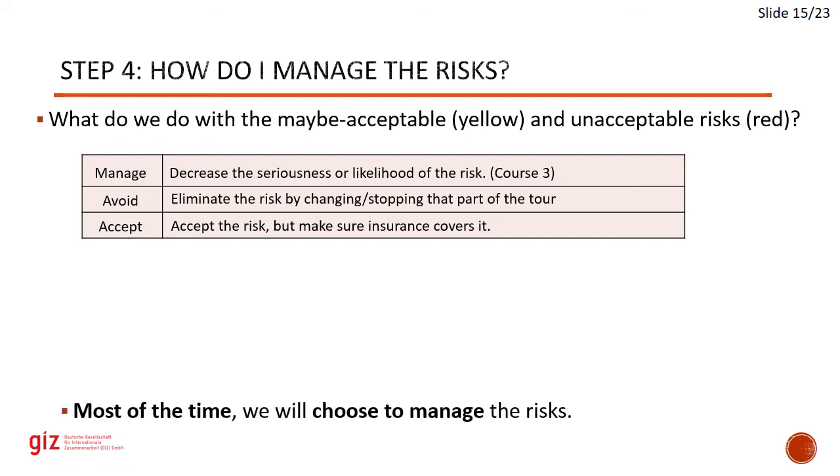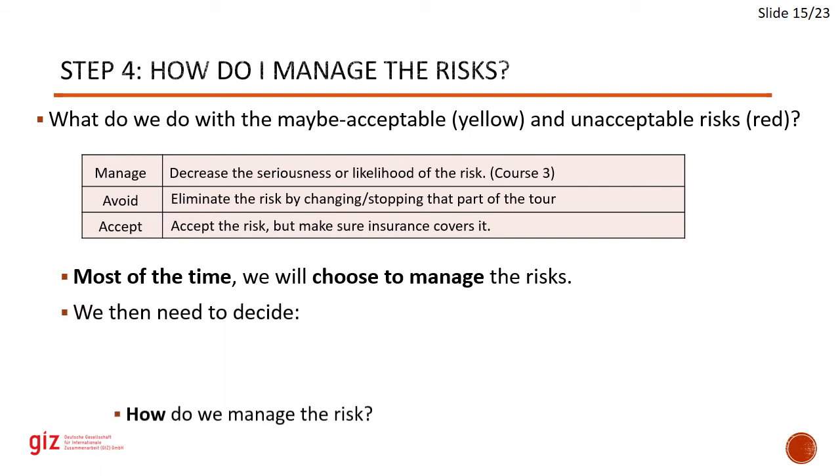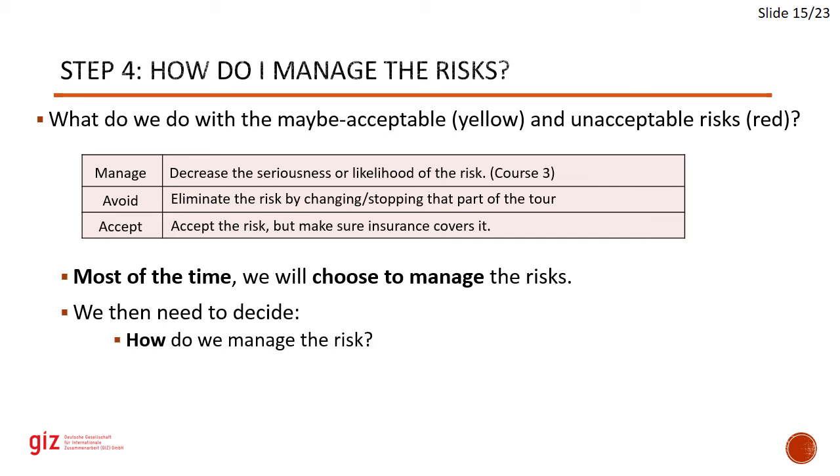Most of the time we will choose to manage the risk, because avoiding the risk is often difficult to do in adventure tourism, and we usually also don't want to simply accept the risk if there are ways of managing it. After we decide to manage a risk, we then need to decide the following. How do we manage the risk?